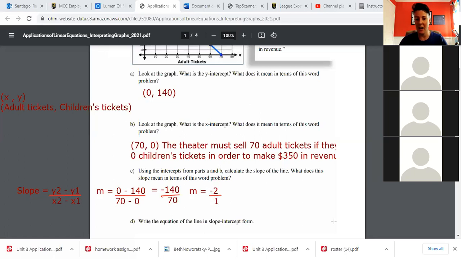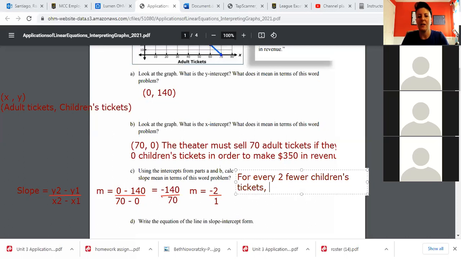So let me write out what I stated. The slope says for every 2 fewer children's tickets, the theater must sell an additional adult ticket.